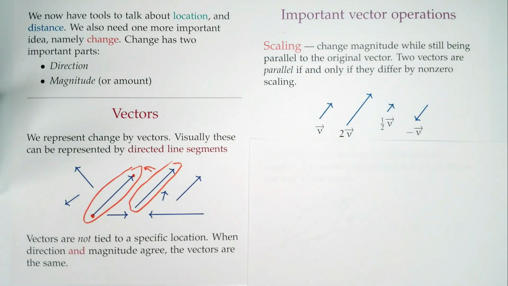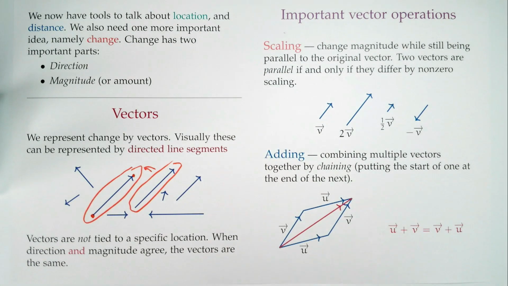We're just now going to make it a little bit more explicit as we go forward. Okay, so scaling is we multiply the vector by some constant factor, changing the length, possibly reversing the direction. Now, one thing to keep in mind is that the vectors are still going to be parallel. So, in fact, in general, we'll say that two vectors are parallel if I can scale one to get the other.